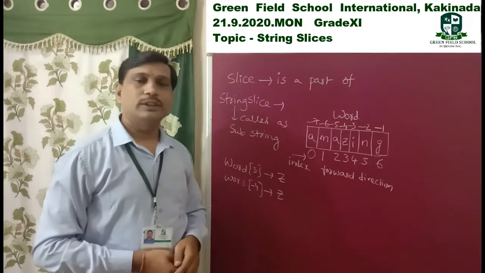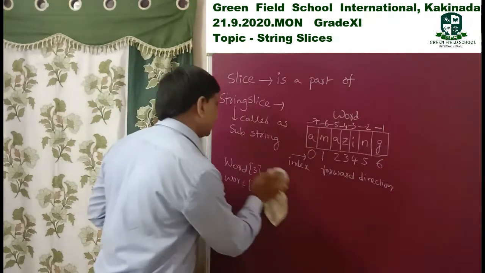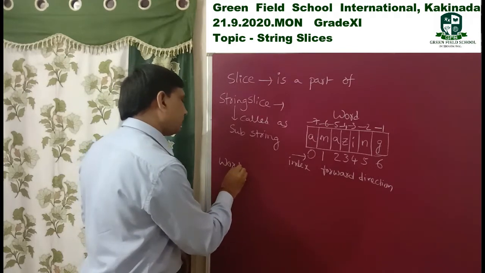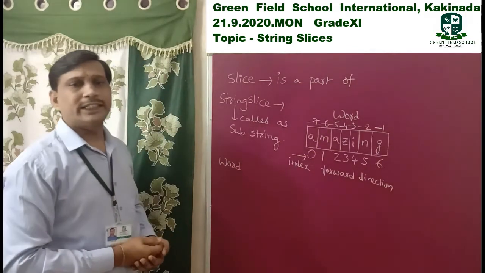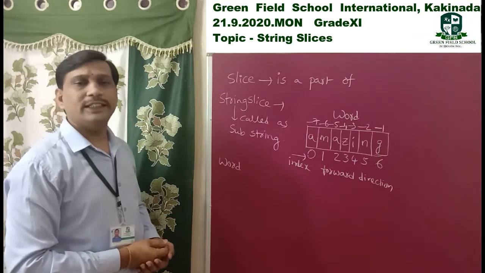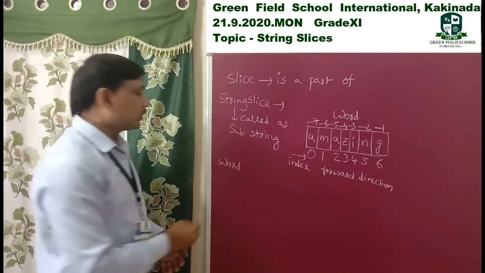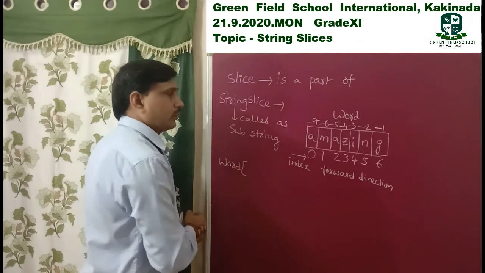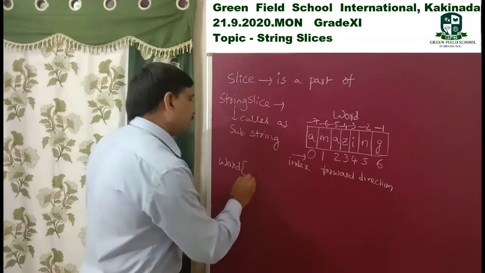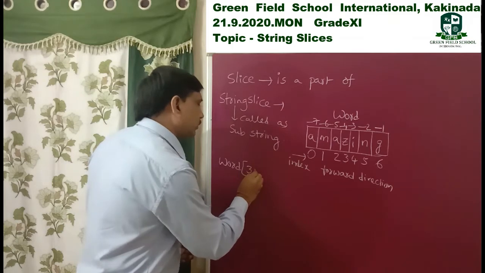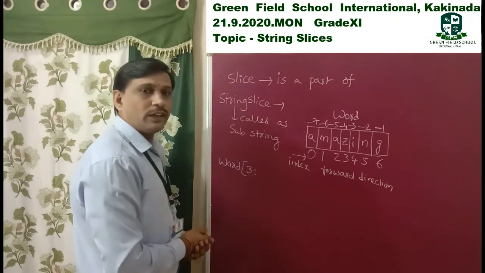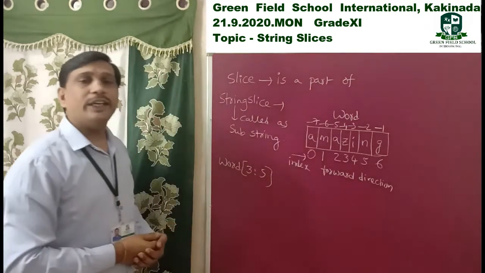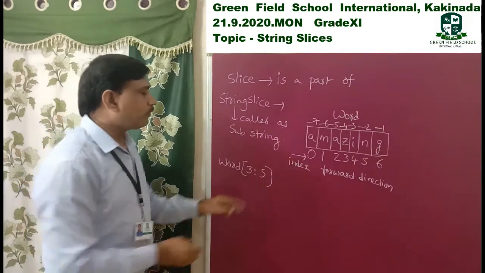Suppose I access the string slice. Here word is the string name. So I write word of 3 to 5, that is 3:5.